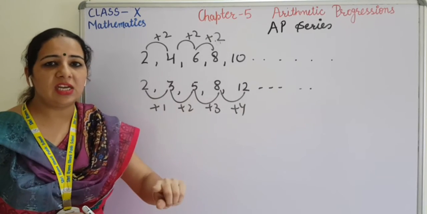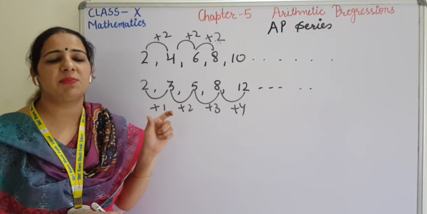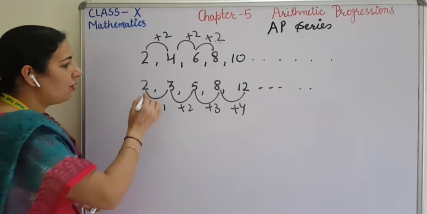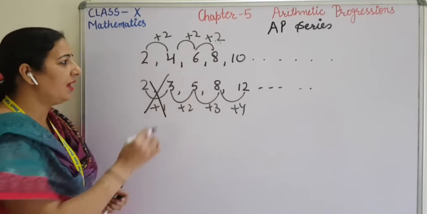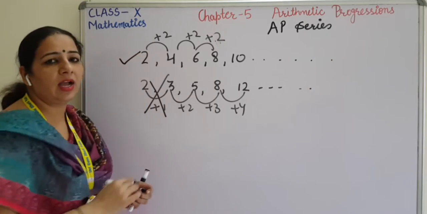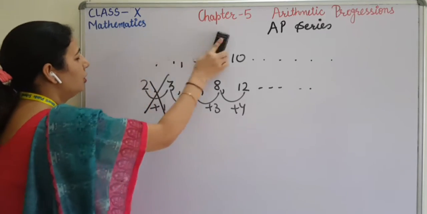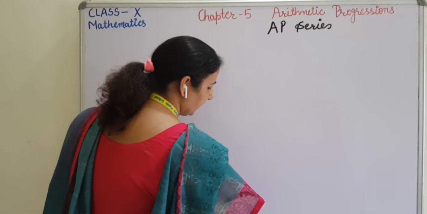In AP series, we need a constant, a fixed distance between two consecutive terms. So we are not going to study these series in this chapter. We have to study the AP, that is the same distance between the terms. Here I am going to tell you more about the AP series.